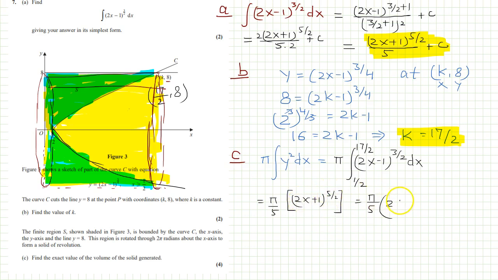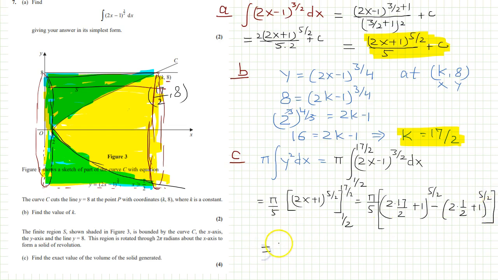Here x is half and this is 17 over 2. So (17 over 2 plus 1) to the power 5 over 2, minus the lower limit, (1 over 2 plus 1) to the power 5 over 2.